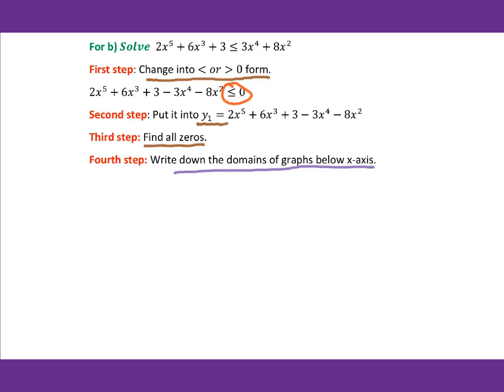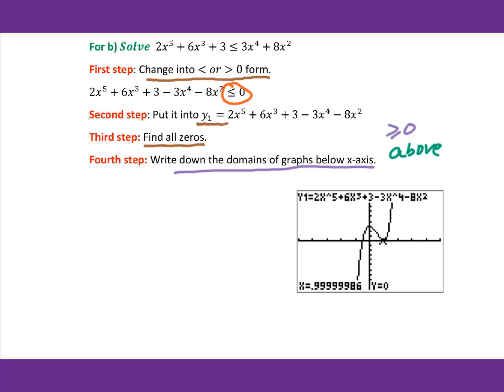If the inequality is greater than or equal to 0, you have to find the domain of the graph above the x-axis. From this graphing calculator, we already got all the zeros. This 0 will be negative 1/2. This is 1.